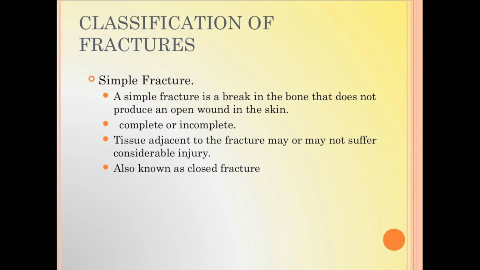Simple fracture. A simple fracture is a break in the bone that does not produce an open wound in the skin. Complete or incomplete. Tissue adjacent to the fracture may or may not suffer considerable injury, also known as closed fracture.